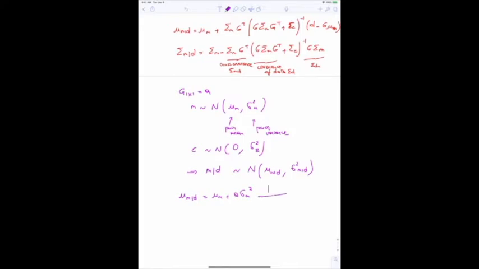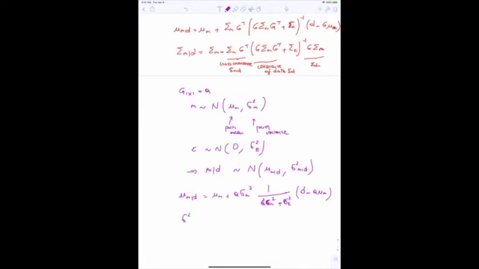So this is 1 divided by A sigma m squared times A transpose, which is still A, so A squared plus sigma epsilon square, and then times d minus A applied to the prior mean.